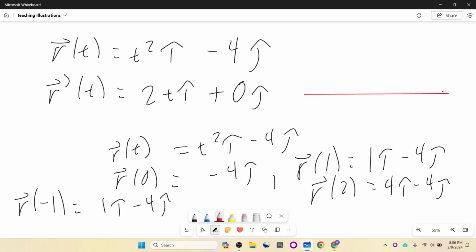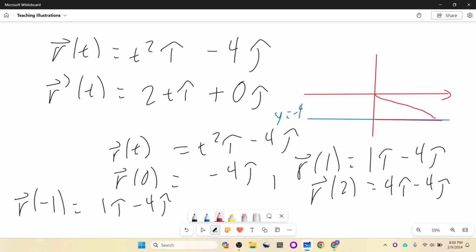And so what this is then, if we have an xy plane here, we have the line y equals negative 4. And what we are seeing then is the position would go this way, and then it would turn back. Or the points would go that way and turn back.